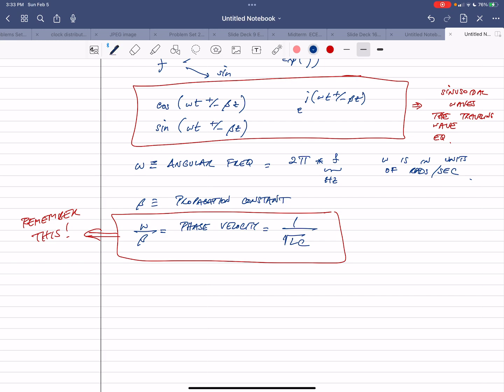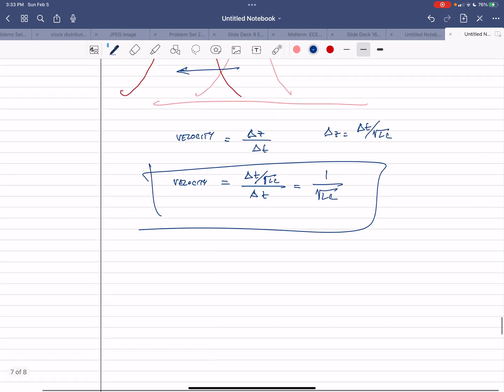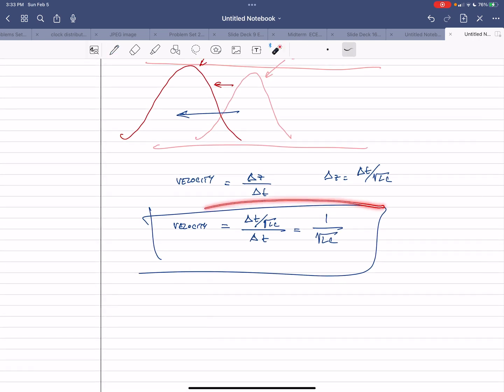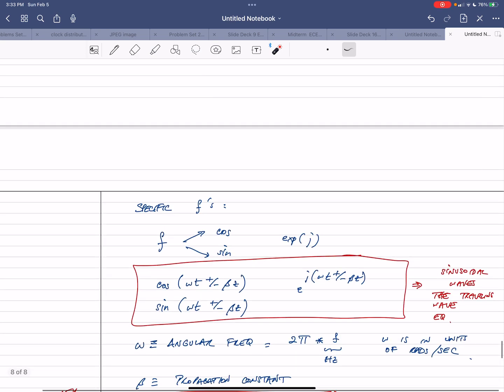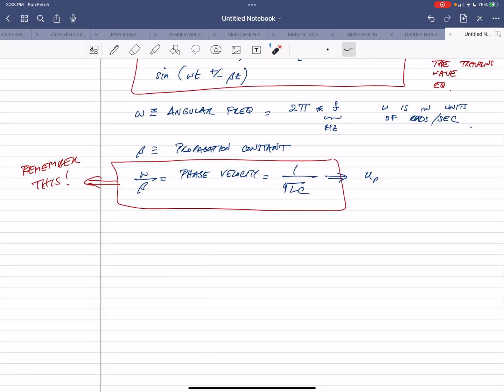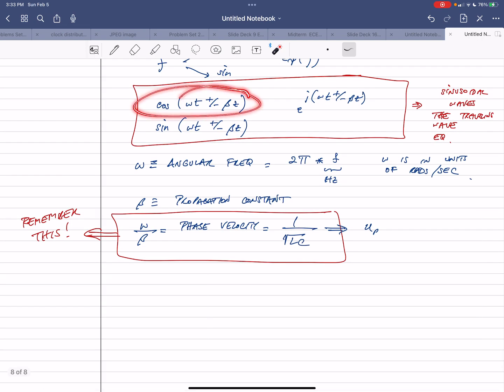The usual symbol for this is u sub p. But this is the same thing that we talked about here. We calculated this as the velocity of the wave or the function as it's traveling through the transmission line. So if you have a cosine, sine, or a combination thereof with this type of function, omega over beta gives you the velocity that this function travels through the transmission line.